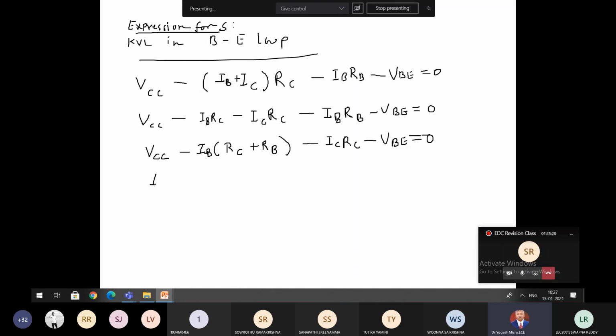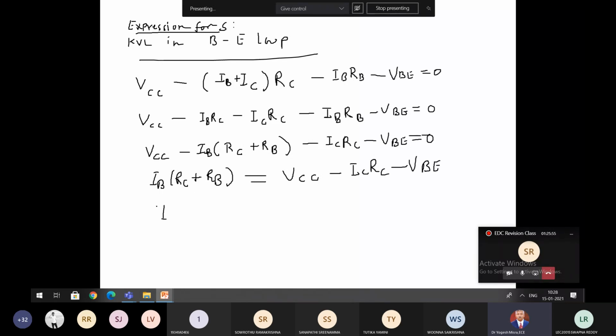So IB (RC plus RB) will be equal to VCC minus IC RC minus VBE, right?